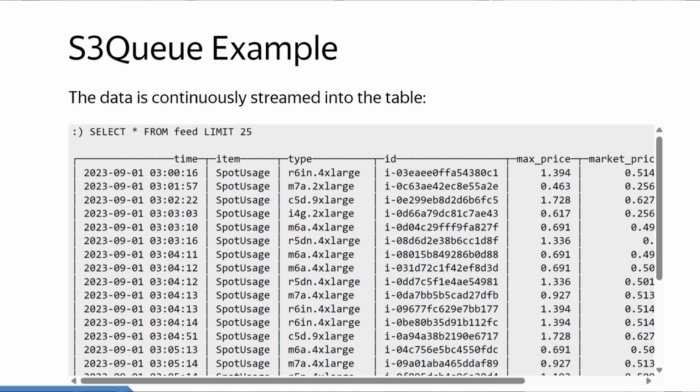In this example, we use the line as string format. It just imports everything as a string. And to preview this data, I am using a simple select from S3 table function. So here is a preview. But it is not convenient to store everything as a single string.